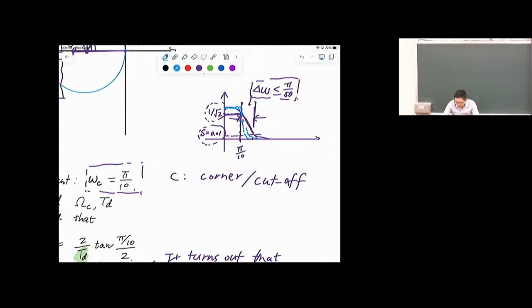By increasing n, we expect that we will be able to make the transition delta omega narrower, a faster transition from pass band to stop band. So this is a desired property. But nothing is for free. If you want better performance in one aspect, you might need to sacrifice another aspect.